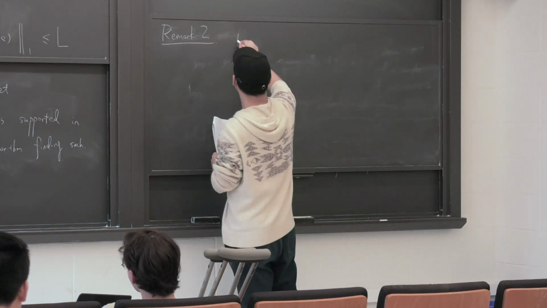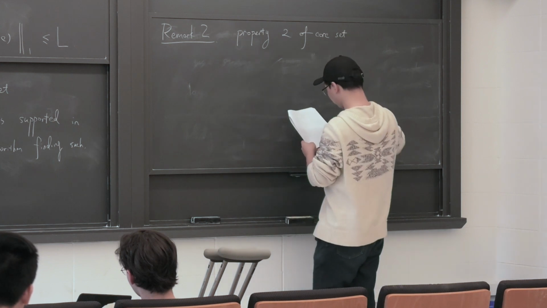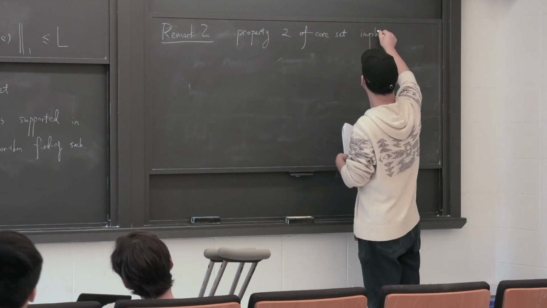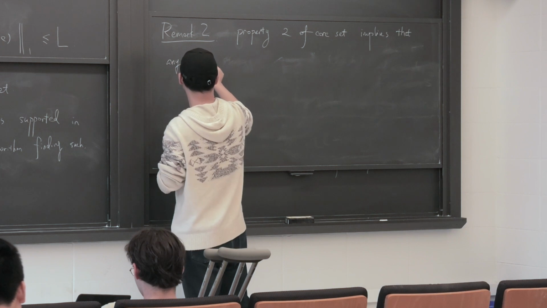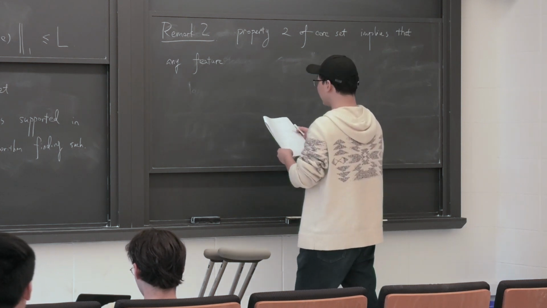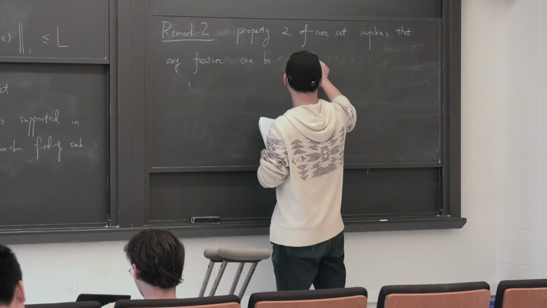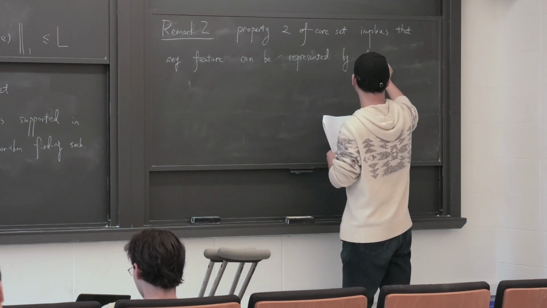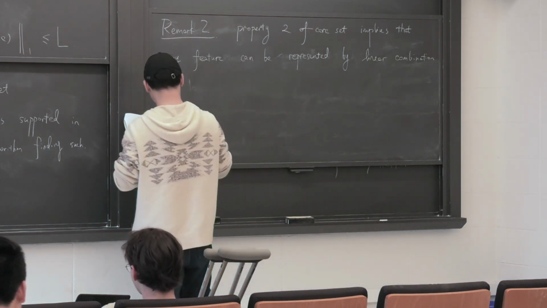Property 2 of the core set implies that any feature phi(s,a), for an arbitrary state-action pair, can be represented by a linear combination of the core set with small weights.